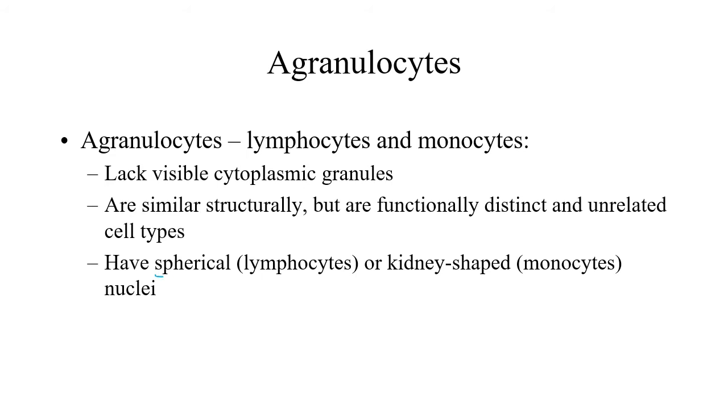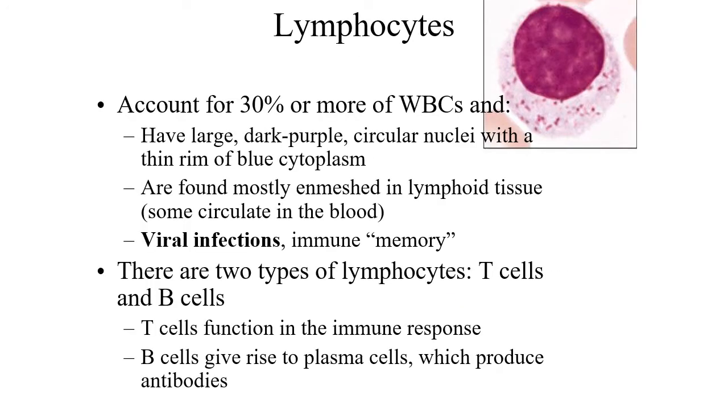Our lymphocytes have a nice spherical, basically an entire circle, nucleus. It tends to take up almost the entire inside of the cell. And then our monocytes have either a kidney bean shaped or a U-shaped type of nucleus.